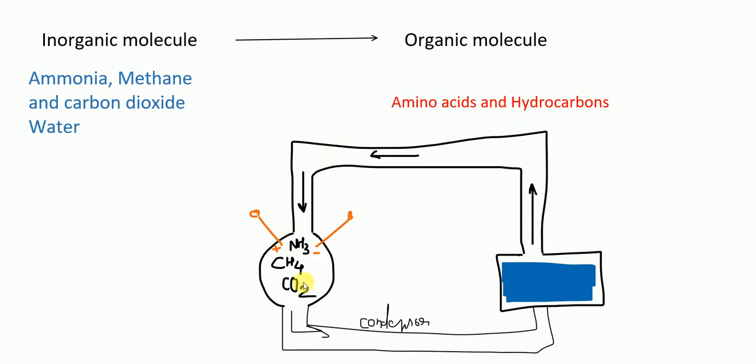In the gas chamber, the energy provided by the electrode breaks these inorganic molecules into organic molecules. Now these organic molecules move via the condenser to the water chamber. So the role of the condenser is to provide a way for the organic molecules to enter the water chamber.